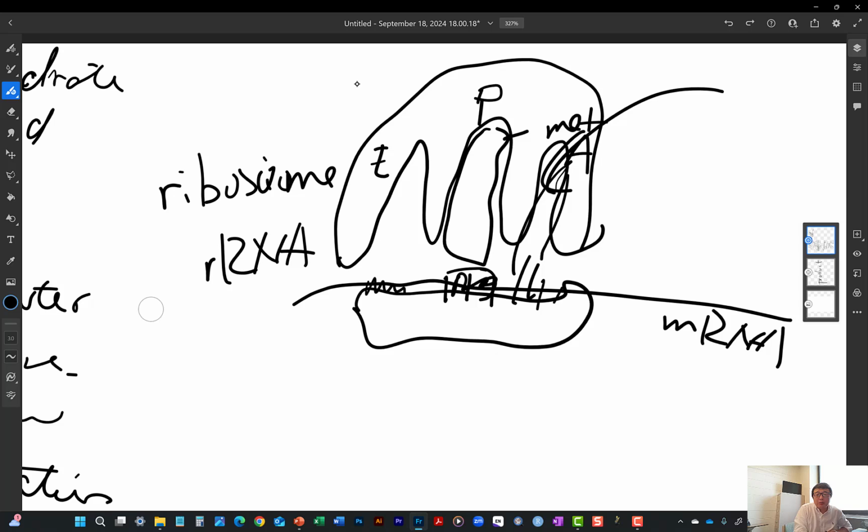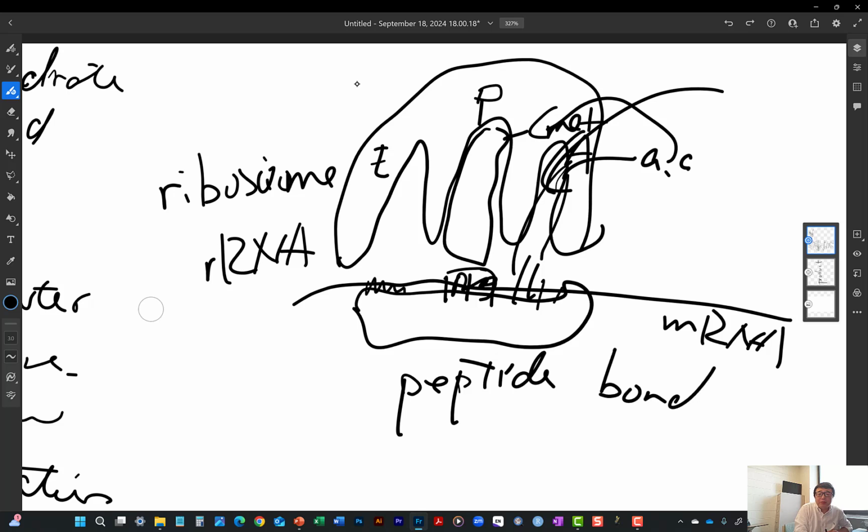When the tRNA comes here and matches the codon, it triggers the machine, and this tRNA carries an amino acid, and this amino acid is added to the amino acid, or in most cases now a polypeptide, in the P position. And when this happens, this forms the peptide bond.